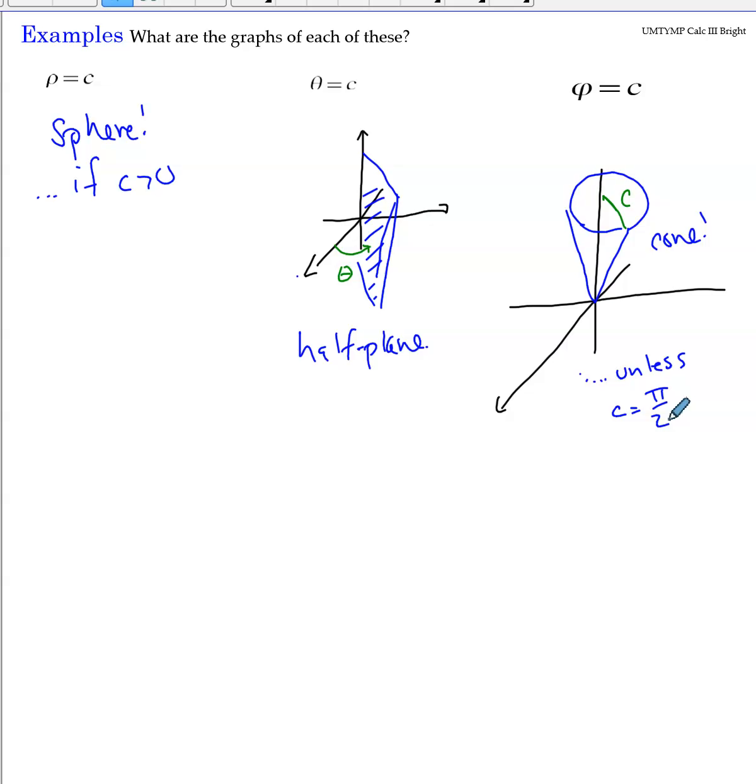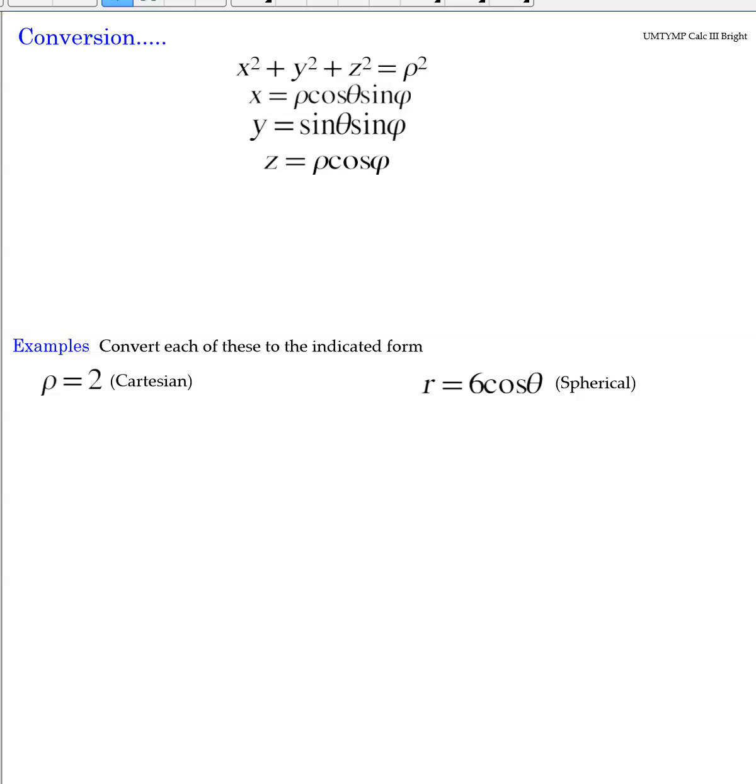All right, so just a little bit about that. And now if we need to worry about conversions, most certainly, they're a little messy, I won't lie. The first one is fairly standard. That's kind of like the equation of a sphere that comes to mind, so we won't worry about that one. The other ones, all I can say is time, energy, practice, and memorization. So go for that.